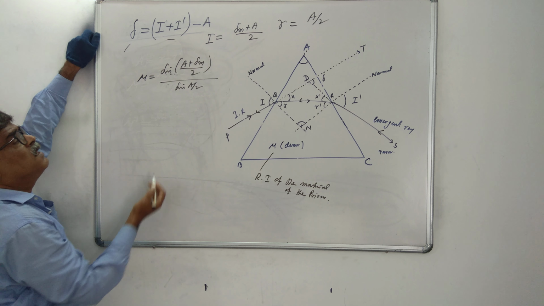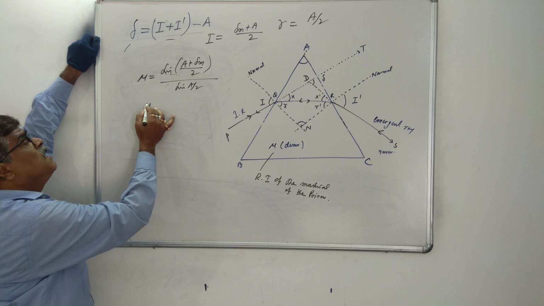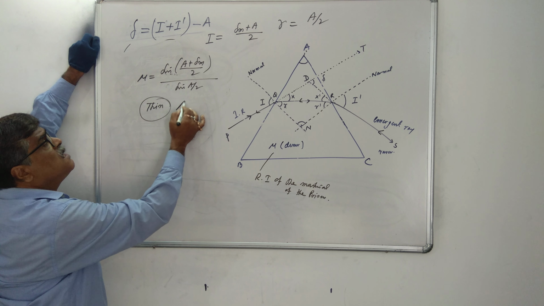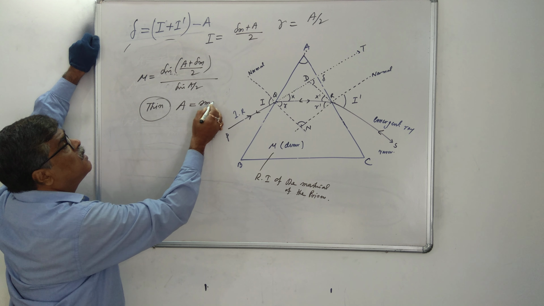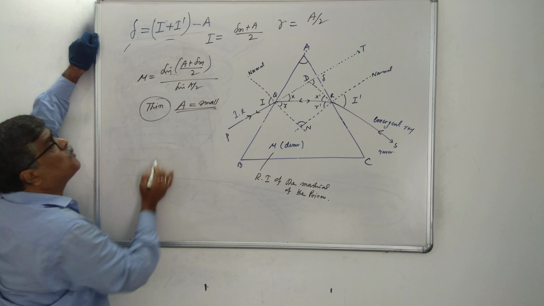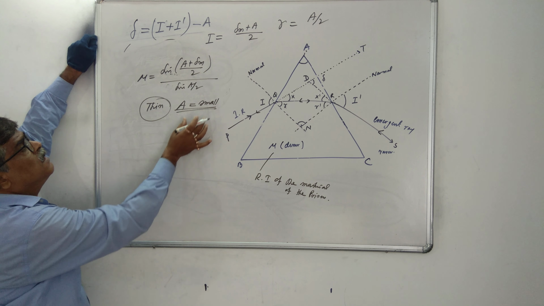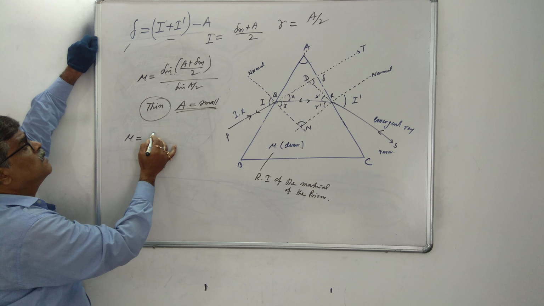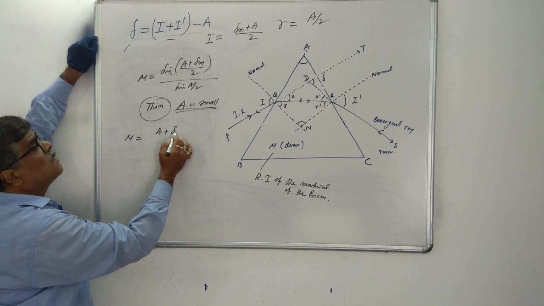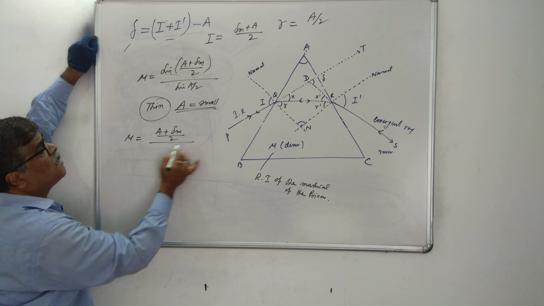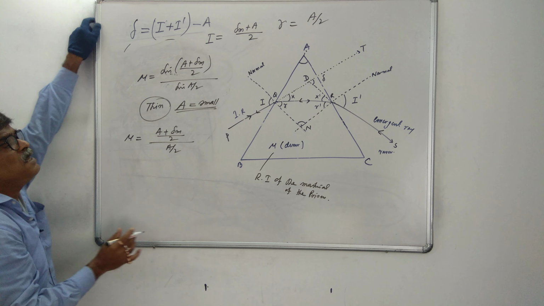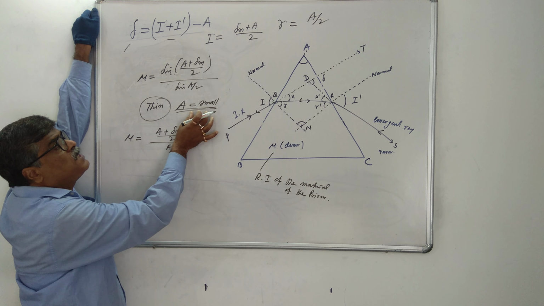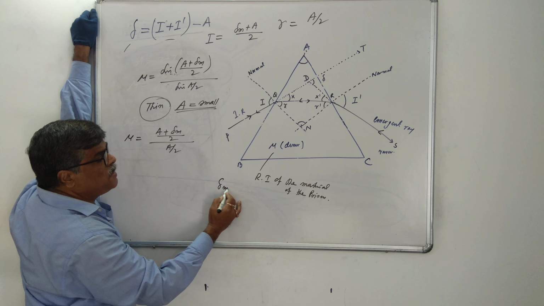One more concept. If the prism is very thin, that is, the angle of prism is very small, then what will happen? Delta M is also very small.